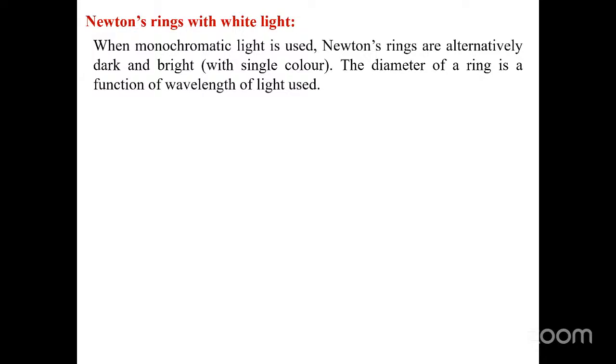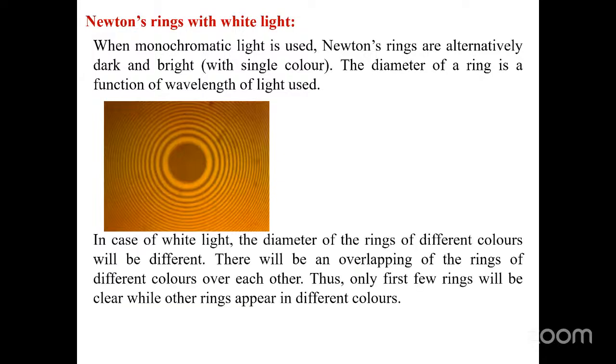Just now we took the yellow colored sodium vapor lamp. So for mercury, white. Here dark and bright fringes, rings, are observed, where the diameter of a ring is a function of the wavelength of light.